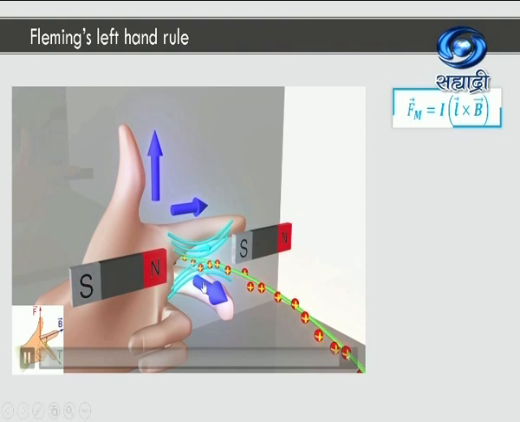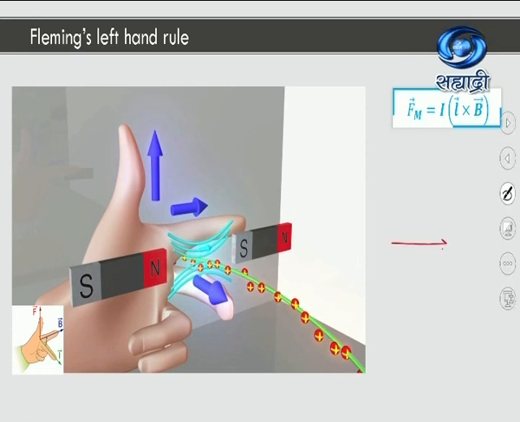So let us come to the figure here. You can see that in this case, current is flowing in this direction to the right. Magnetic field is into the screen, say into the screen, we show it by a cross in a circle. B is into the screen, right? Now I have to have the middle finger. Can you see here? The middle finger should be in the direction of current.